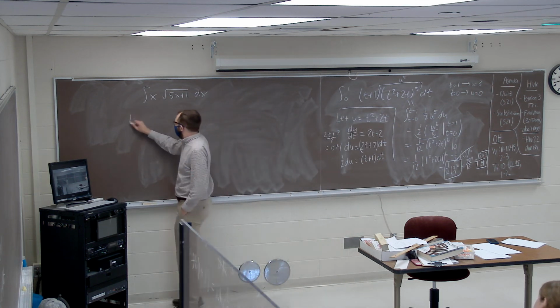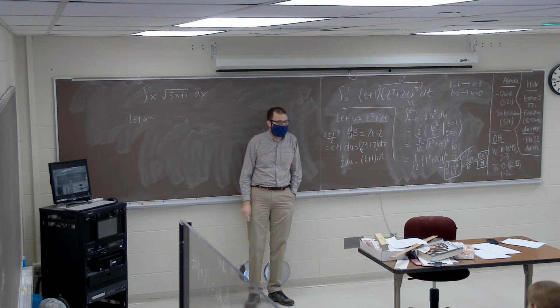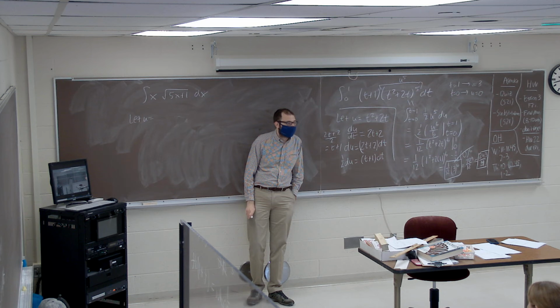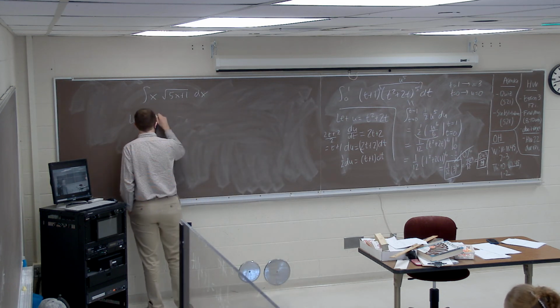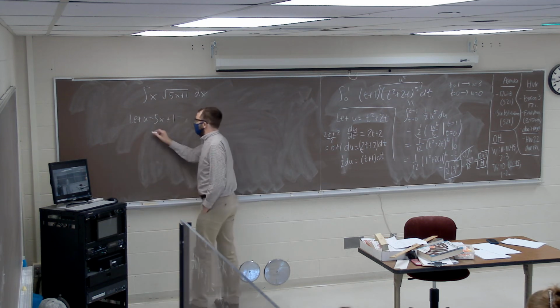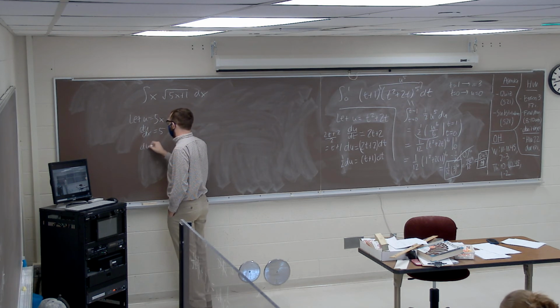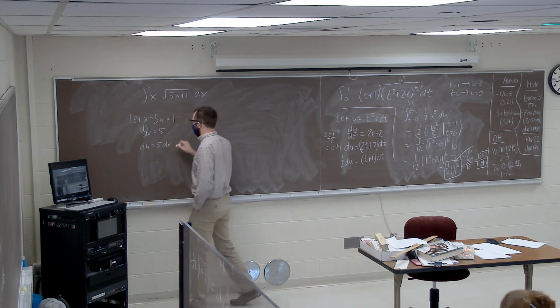Anybody have any ideas for what they would like our u to be? 5x plus 1. All right, we're going to let u be equal to 5x plus 1, which means du dx will be 5. So du will be 5 dx.